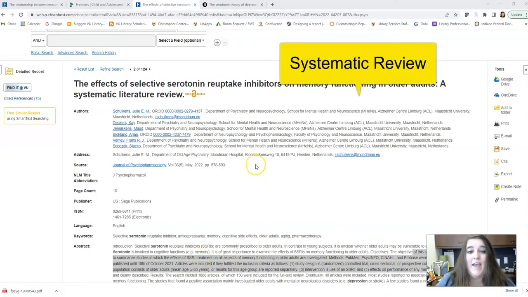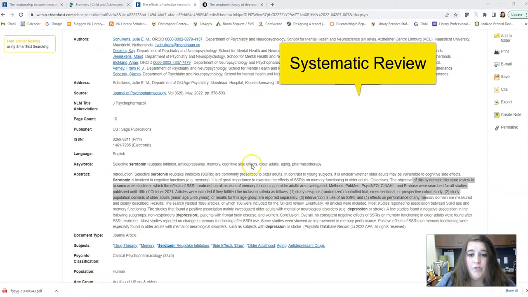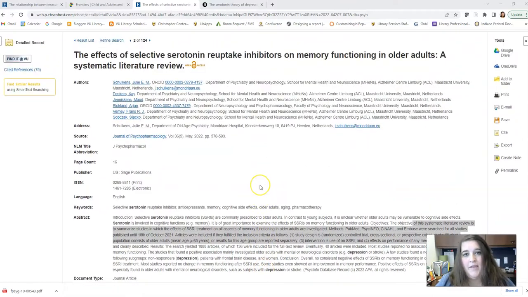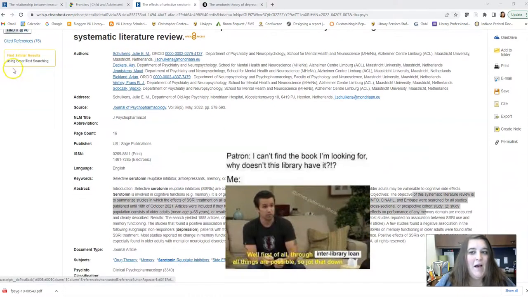Next, we're going to be looking at a systematic review. A systematic review is also a review of literature, but it's much more structured. And if you were to look at the full article, which unfortunately this one is not a full article, but based on our experience with interlibrary loan, we know we could get it really quickly if we wanted.